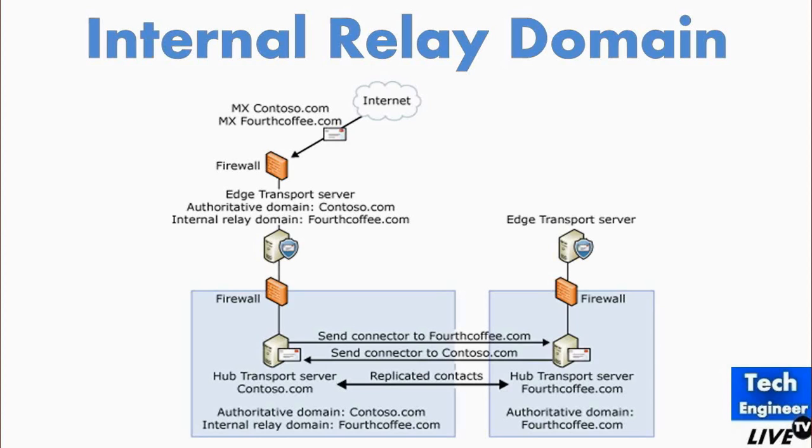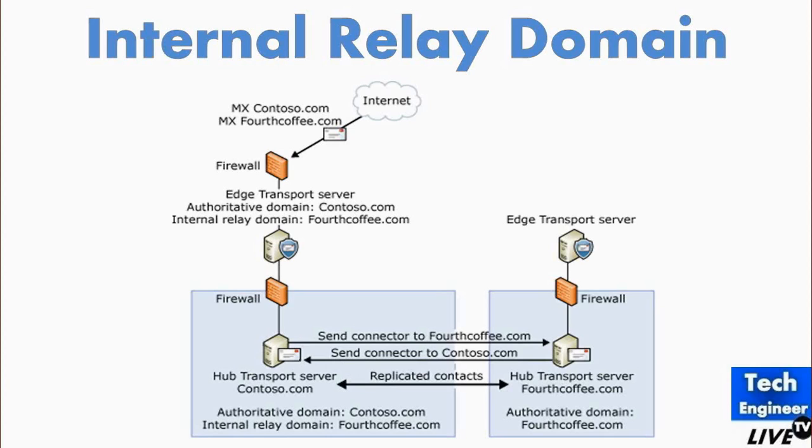But if the mail is for FordCoffee.com, it will only be received by the Edge Transport server of Contoso.com, and once it processes it, it will forward that mail to FordCoffee.com. It will not keep the mails in Contoso.com's mailbox system.